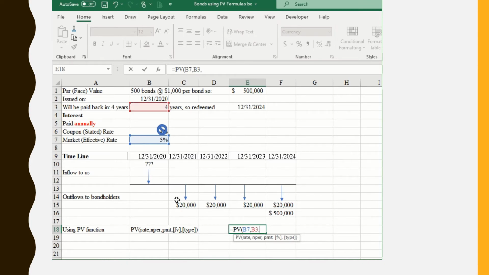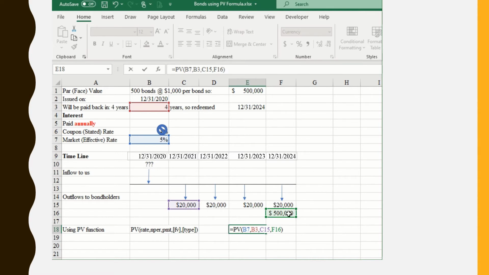The payment amount is the amount you pay every period. And the beauty of Excel is it's got this last little FV, which means if there's a cash flow at the very end, that's the future value. So we are going to have $500,000 at the very end, so that goes in there. The type is if it's an annuity or annuity due, we always ignore that.